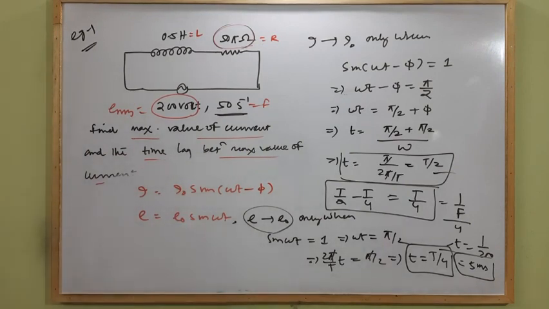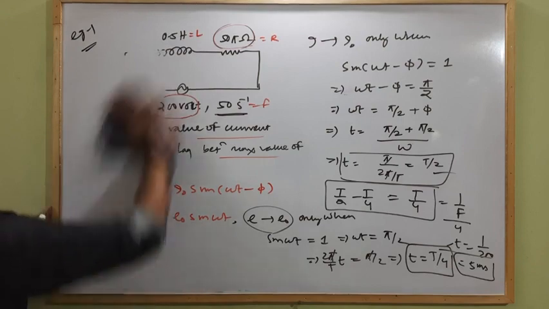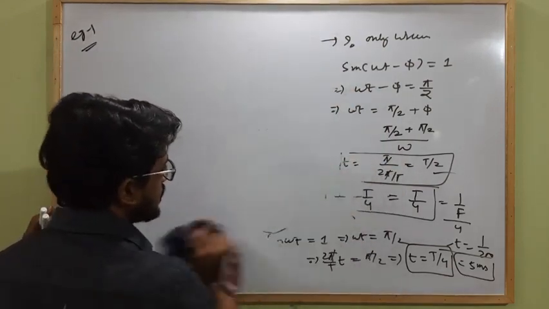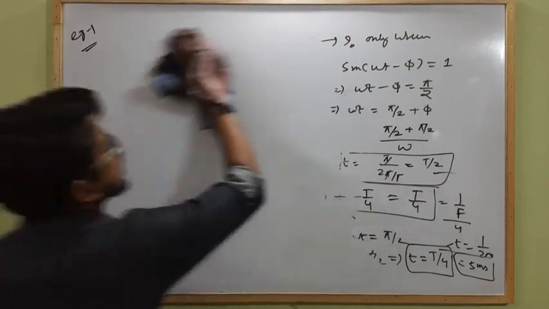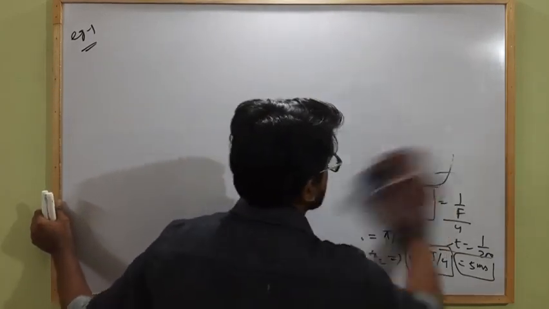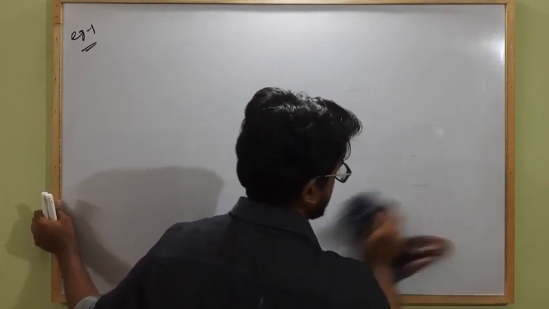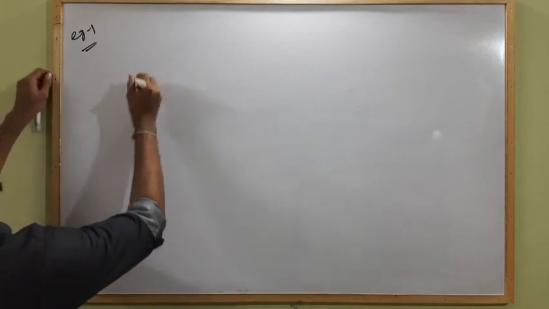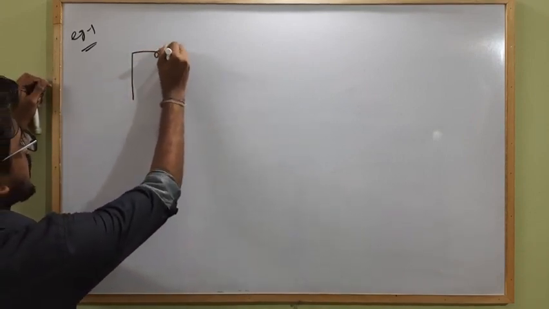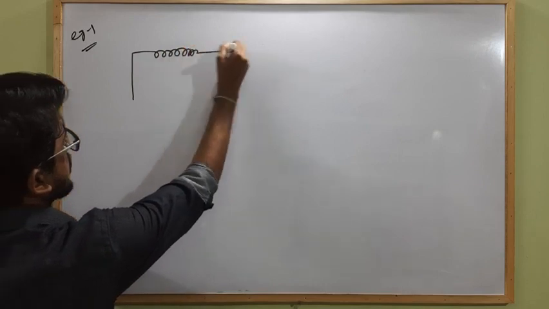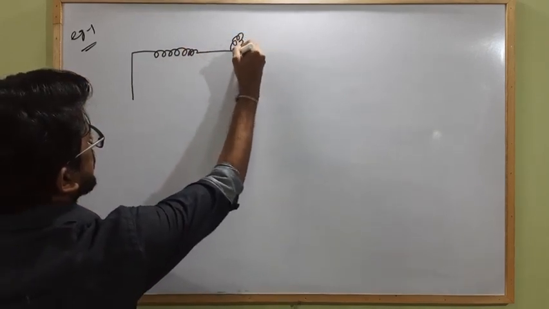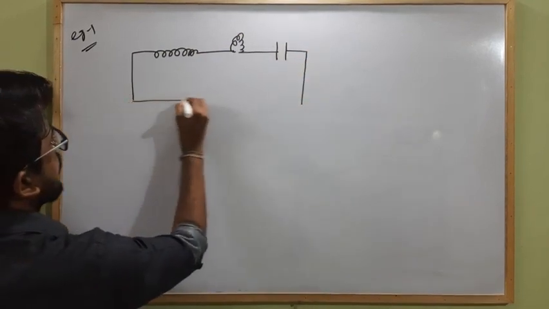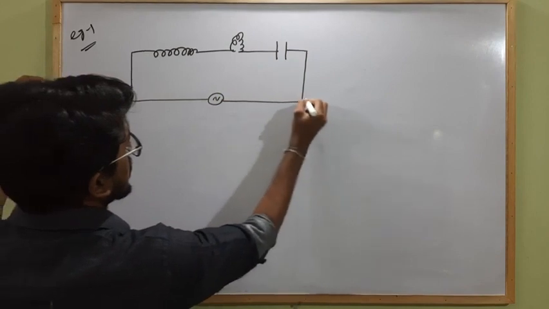Next question will be, here is a circuit which has an inductor, a bulb and a capacitor, which is connected across an alternating source.